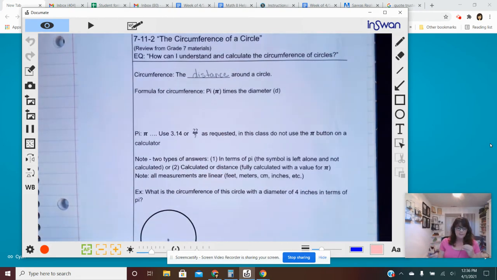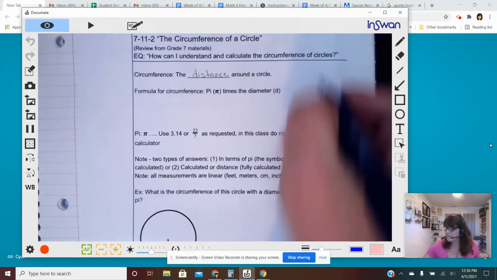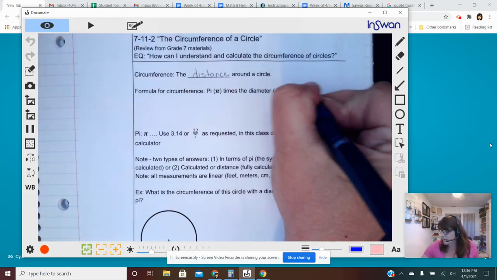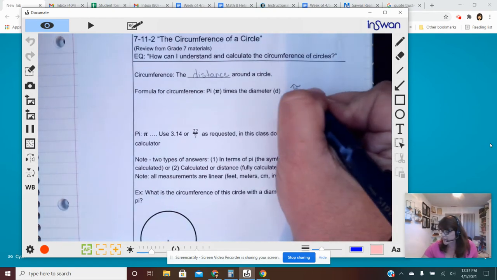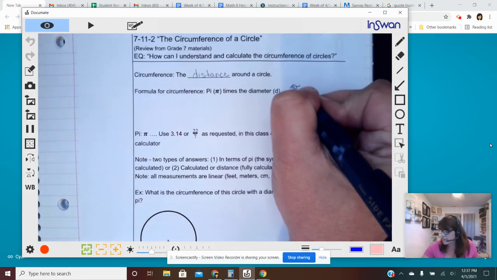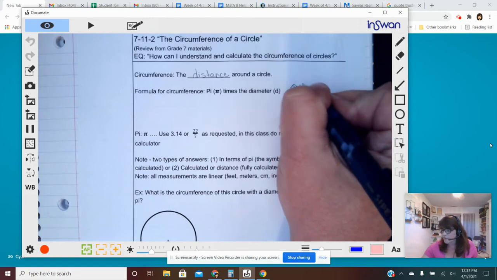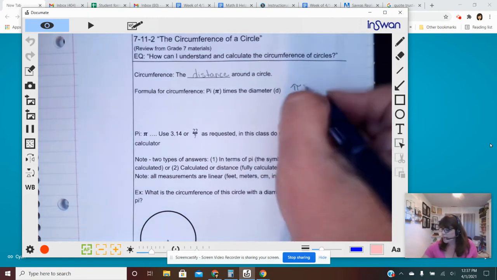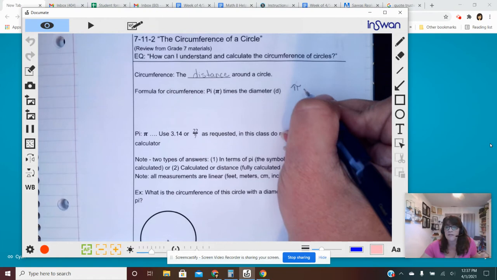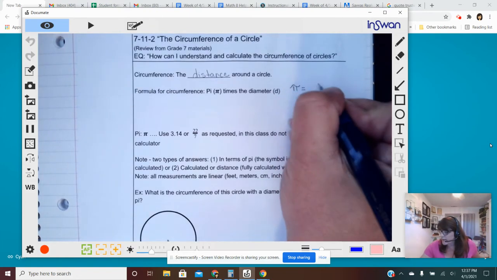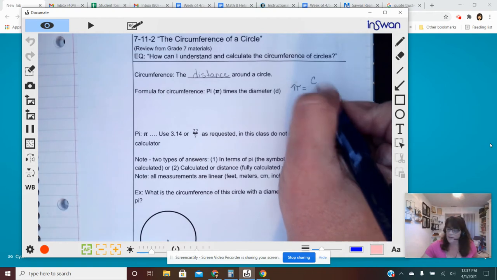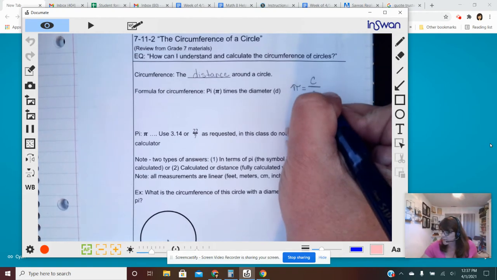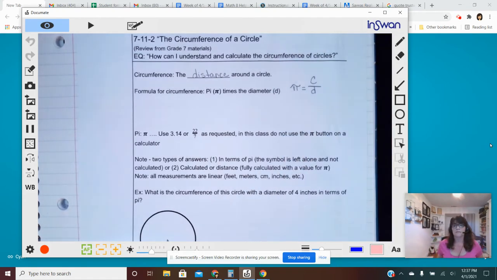Now, the interesting piece of this, and I want you to see this, is that pi itself is a ratio. Pi, and I just make it two little sticks, but instead of a roof, it has kind of a wave on top. Pi itself is a ratio. That's all it's ever been. It is the circumference divided by the diameter.